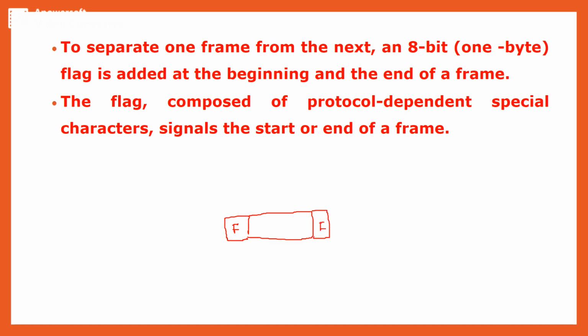This flag, which is composed of protocol dependent special characters, signals the start and end of a frame. This is the actual frame which already carries the header information and the trailer information. Along with that, we need to add the flag in order to separate one frame from the next frame.